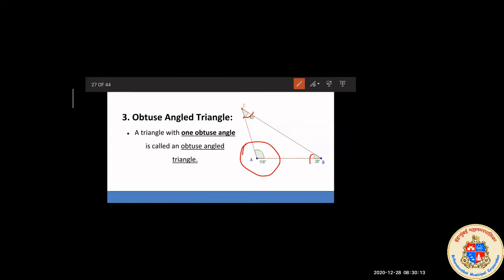We have seen that if it has one right angle we call it a right angle triangle. If all three angles are acute, we call it an acute angle triangle. But if it has one obtuse angle, we call it an obtuse angled triangle.